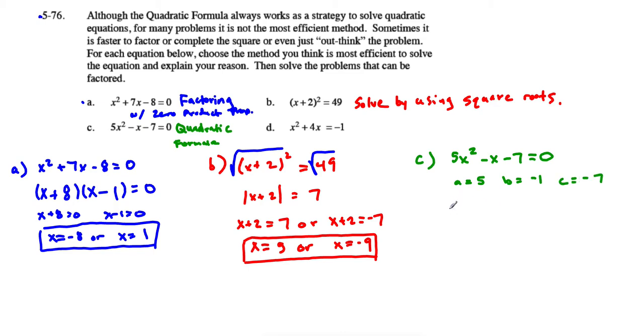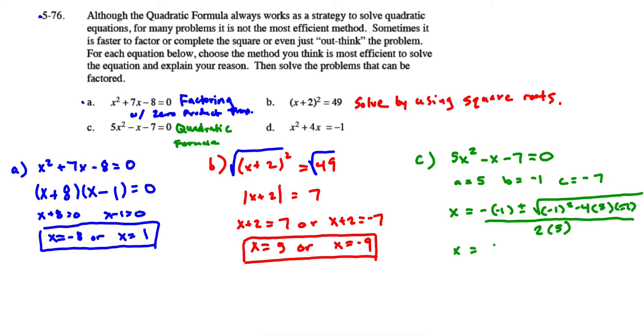So let's use that formula. x equals the opposite of b plus or minus the square root of -1 squared minus 4 times 5 times -7. And that is a -7 in there. All over 2 times 5.